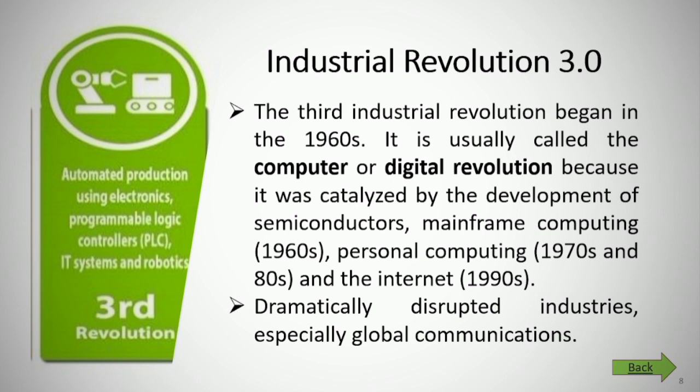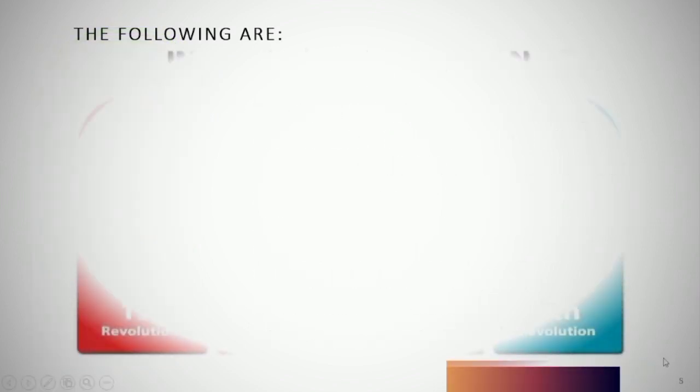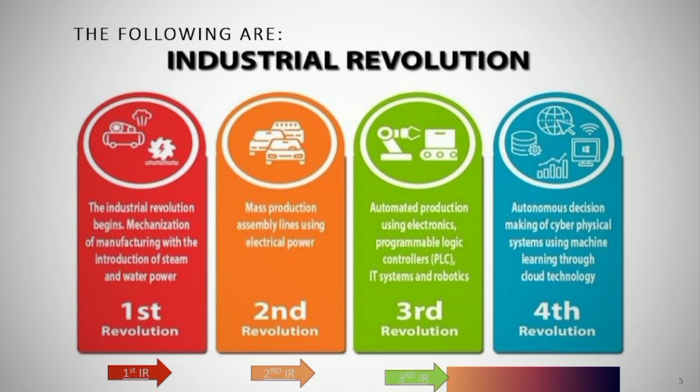So that is how Industrial Revolution 3.0 was able to change or progress from the Industrial Revolution 2.0. There were discoveries that helped create the progress of new discoveries.